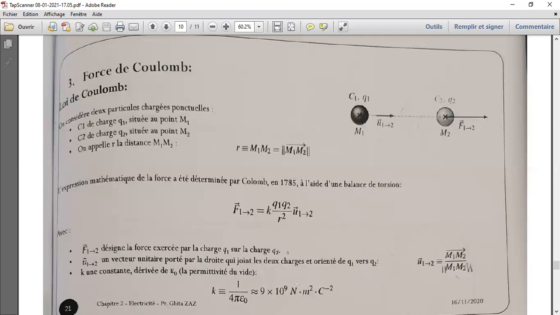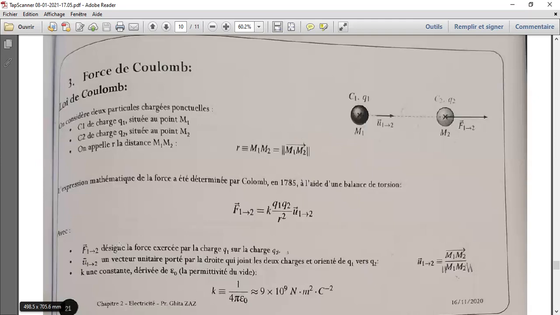Yes, I just wanted you to repeat the previous statement on the U. Okay, as I said, the first one is force, which is 1 to 2. It designates the force exerted by the charge Q1 on the charge Q2. So when you talk about force, it is 1 towards 2.